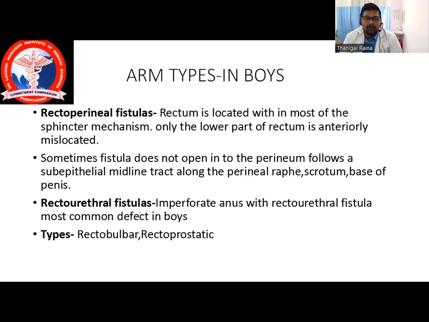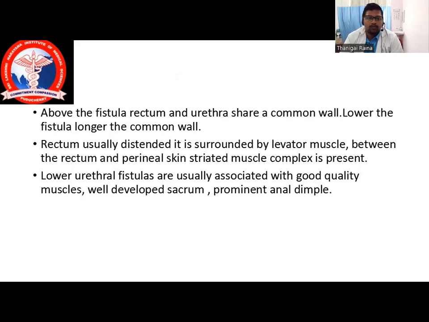And the rectourethral fistulas, that is imperforate anus with rectourethral fistula. Most commonly, this is the defect seen in boys. There are types, rectobulbar and rectoprostatic. Above the fistula, rectum and urethra share a common wall. The lower the fistula, the longer the common wall, as I discussed earlier.